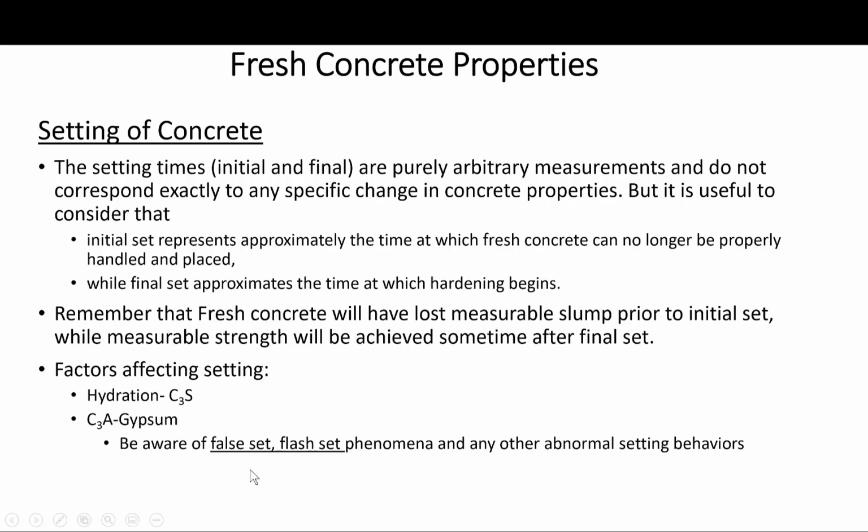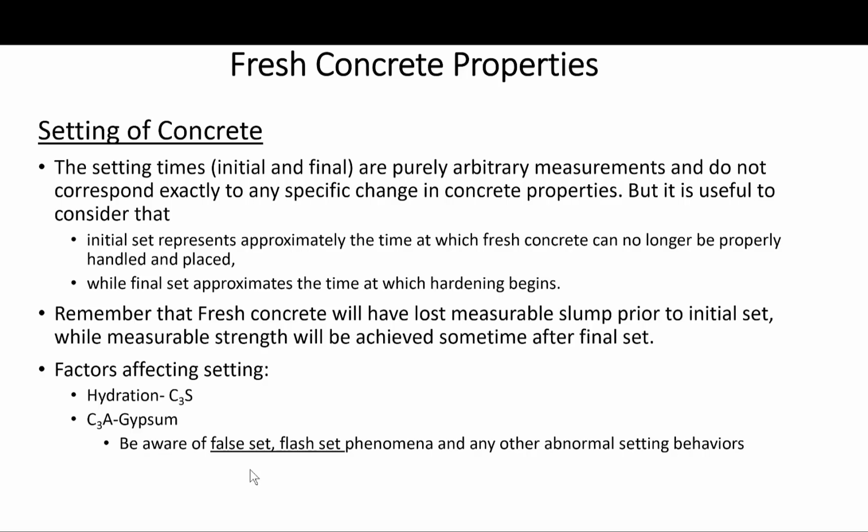Gypsum is always interground with modern cements, so it reacts with C3A to help control the setting time. So when large amounts of ettringite are formed rapidly, the aluminate phase will decrease the time to the initial and final set. That's when the amount of gypsum is not regulated correctly, or in the case of expansive cement.